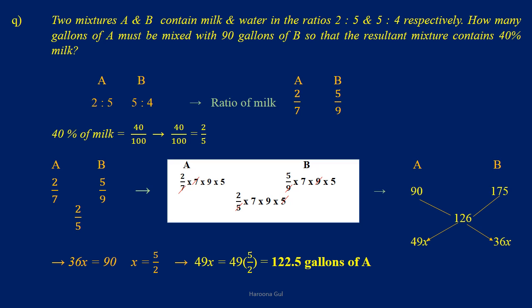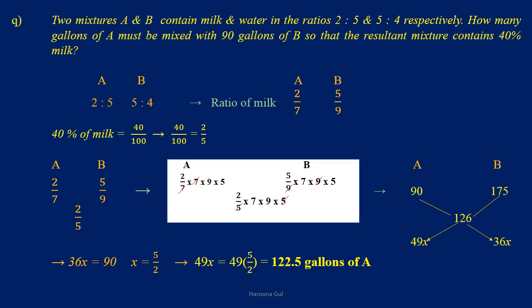Now since these are the ratios, that is 49 and 36, we're going to write x with them, right, to make our solution easier. So 36x, which is the ratio of B, is equal to 90 and hence x would be equal to 5/2.